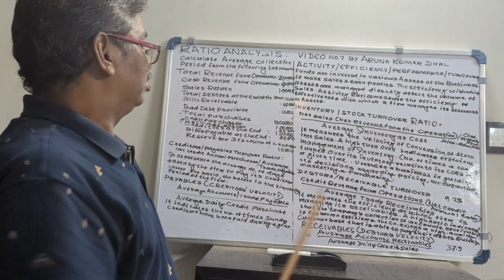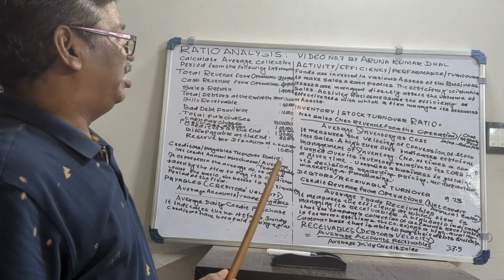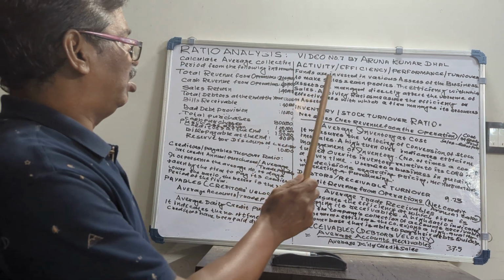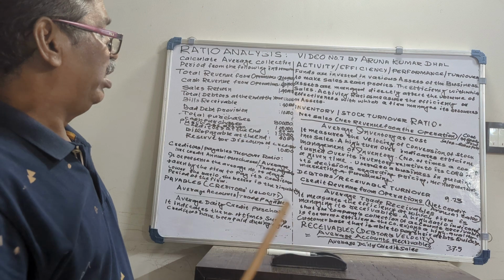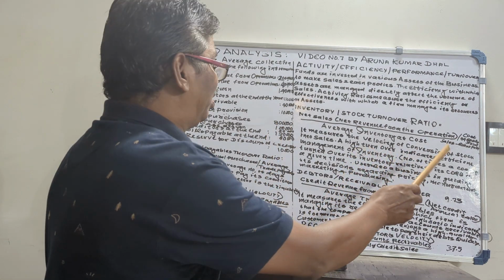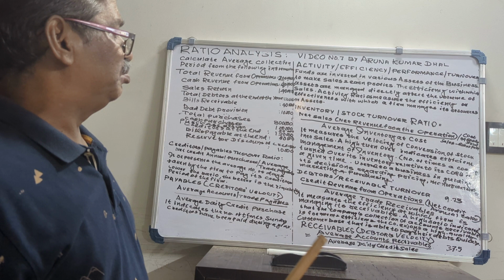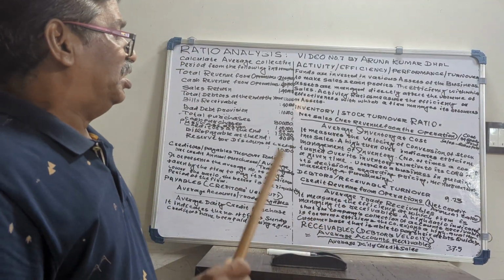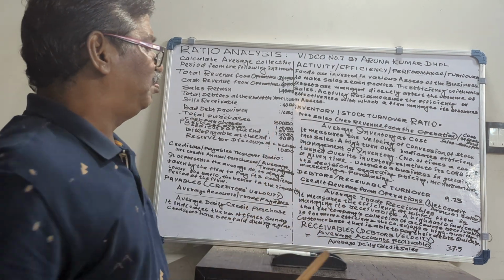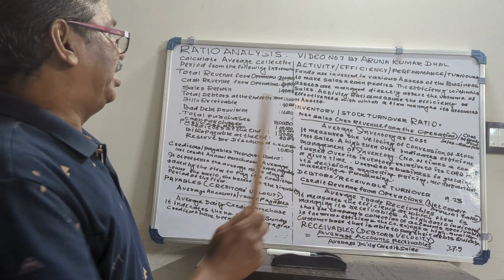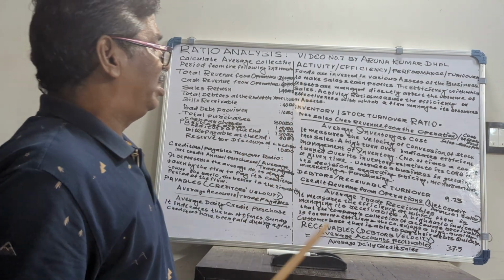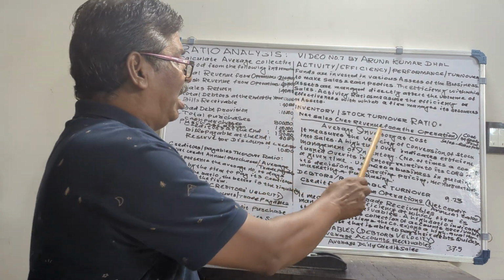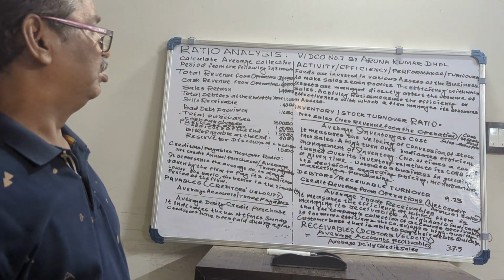First we will know what is inventory or stock turnover ratio. Under inventory or stock turnover ratio, we measure the velocity of conversion of stock into sales. Means a high turnover indicates efficient management of inventory. So the formula is net sales or net revenue from the operation, or cost of goods sold, divided by average inventory at cost.